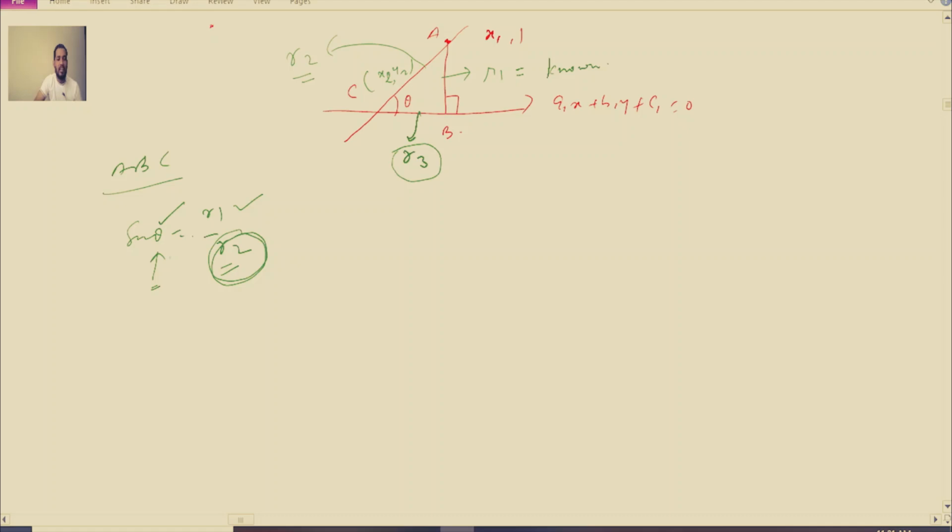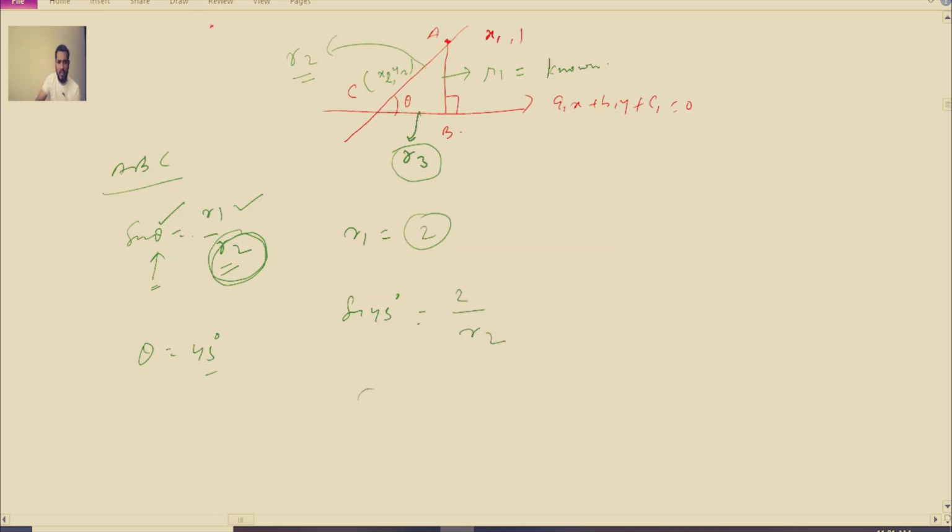So here theta is unknown. Suppose theta is equal to 45 degrees and R1 is equal to 2. So sine of 45 is equal to 2 upon R2.